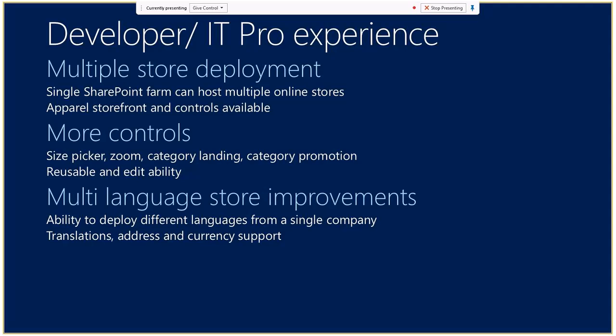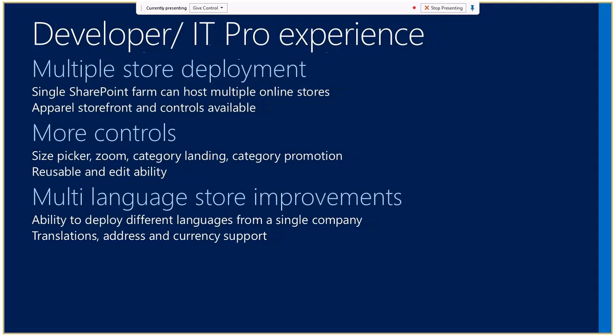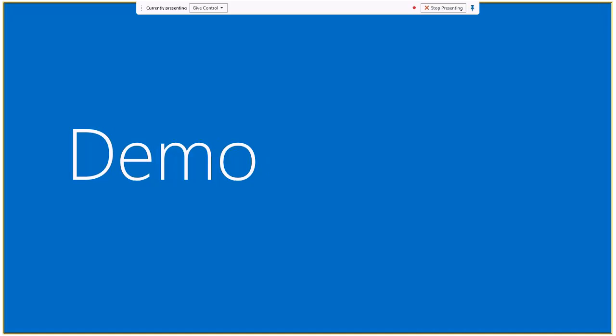This is everything from the dimensions to data itself, category translations, product translations. All of this can be done within AX and then brought down into the online store. With this, we'll go into the demo.